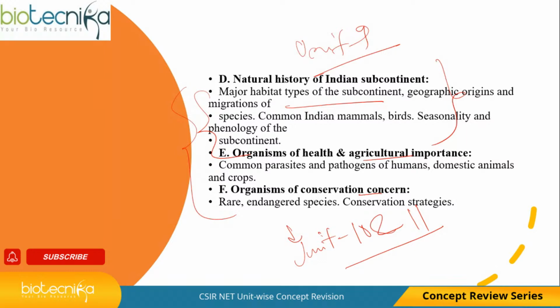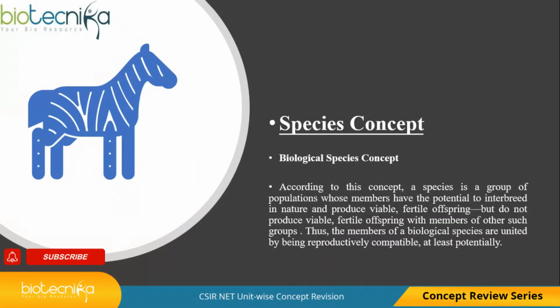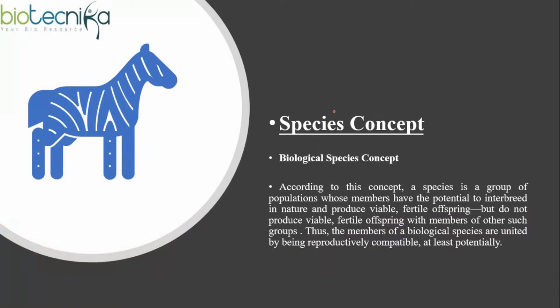So now, moving on to the major topics that need to be focused on: cladistics, phonetics, and certain concepts related to the species concept in Unit 9. What do we mean by species concept?